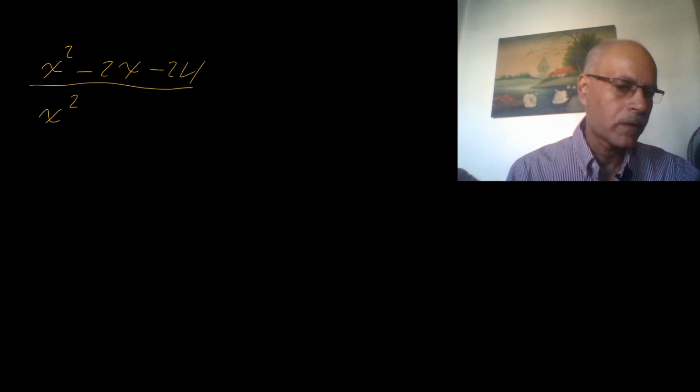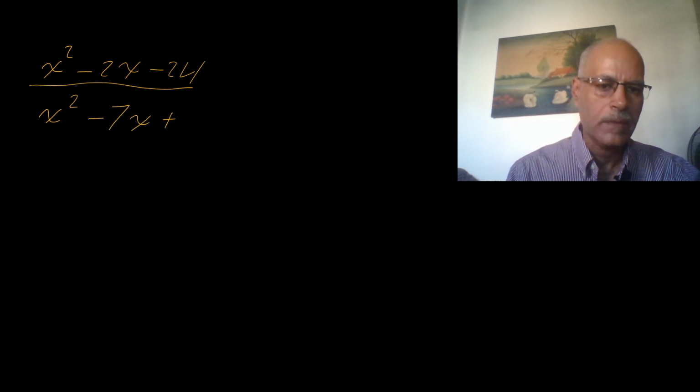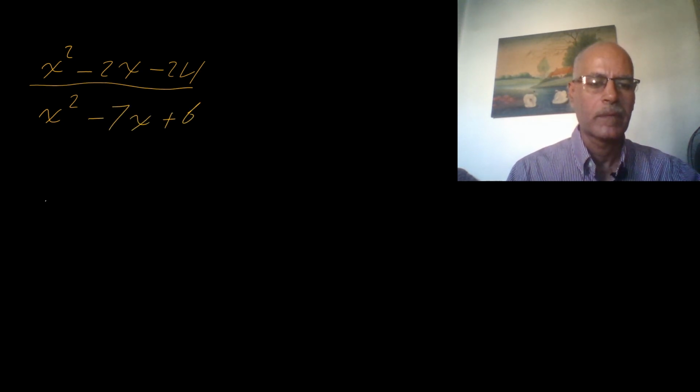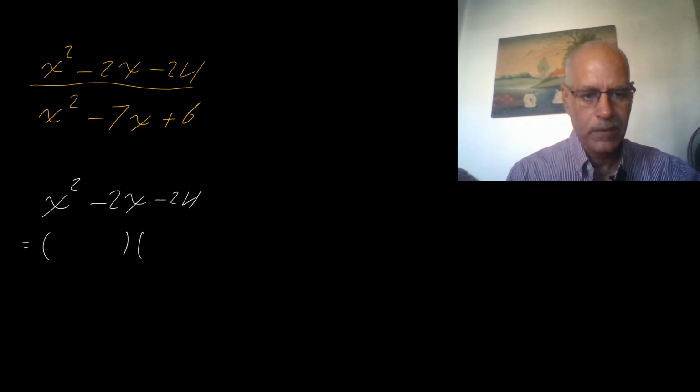Simplify. X power 2 minus 2x minus 24 over x squared minus 7x plus 6. Let's remember x power 2 minus 2x minus 24. When I factorize it, open two brackets.